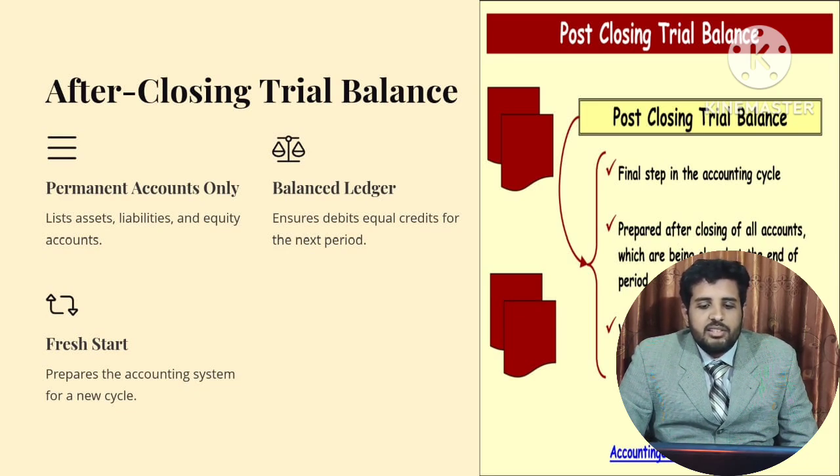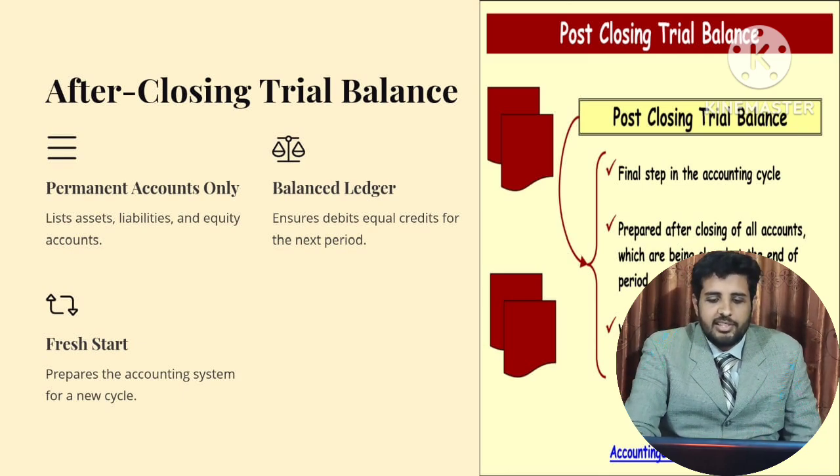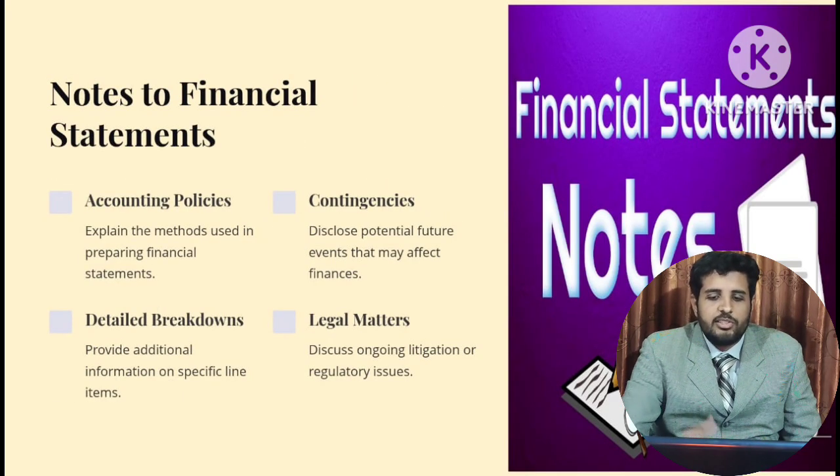Its purpose is that the after-closing trial balance confirms the correctness of closing entries, and it ensures that the books are balanced. It helps identify any errors that might have occurred during the closing process, such as incorrect transfers or missing entries.